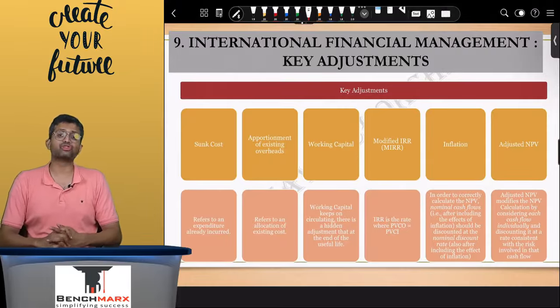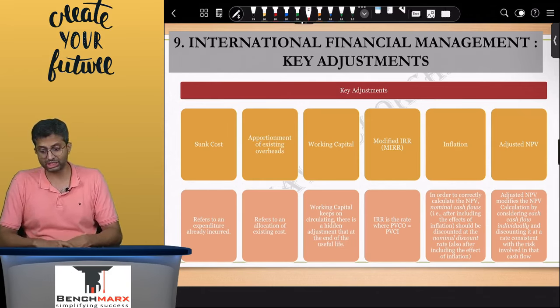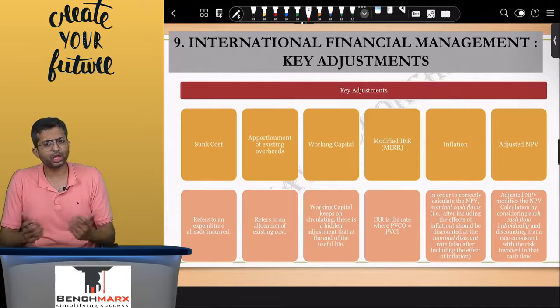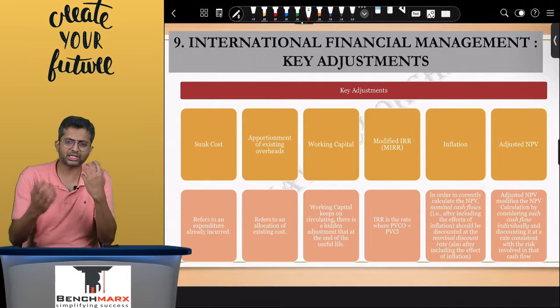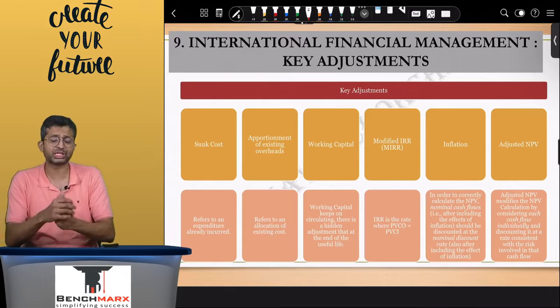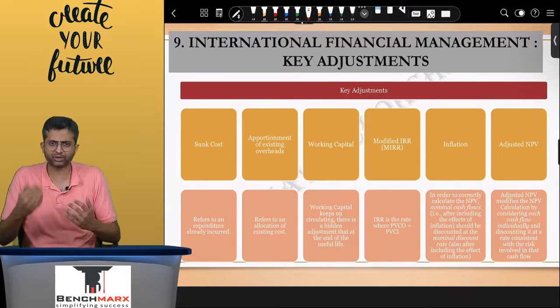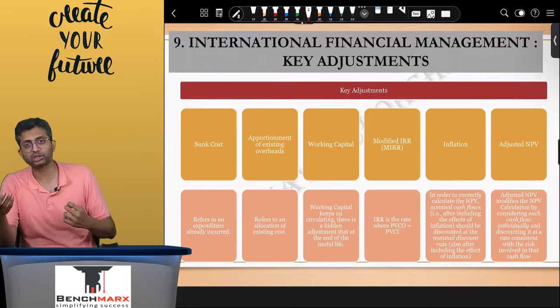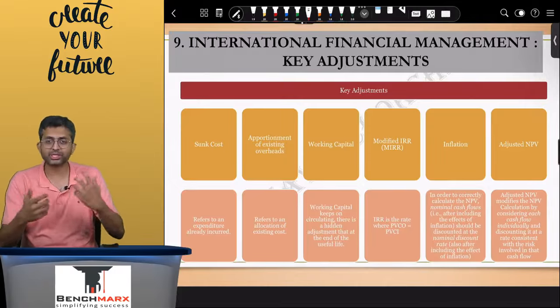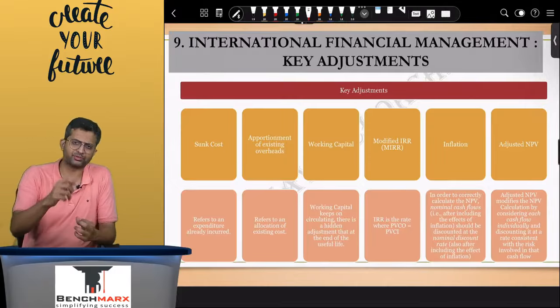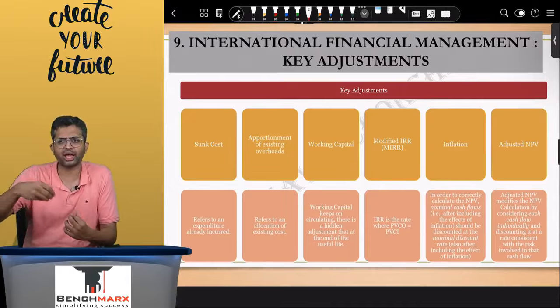And then lastly, adjusted NPV or adjusted net present value. So when we are looking at adjusted NPV, this is to be done only if it is asked in the question. Here we say different cash flows carry different levels of risk. In a particular project, it is wrong to discount every cash flow by the same level of risk. Like for example, you might have entered into a mining project. The revenues, expenses on a mine are subjected to higher rate of risk as compared to, let us say, I have to pay interest.